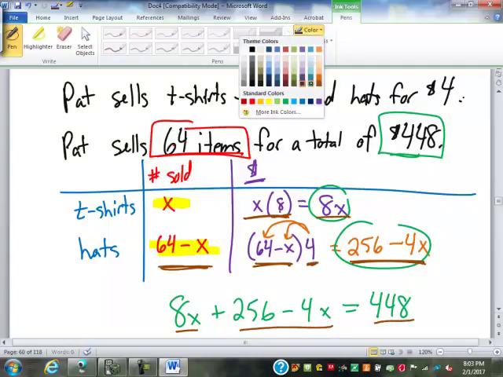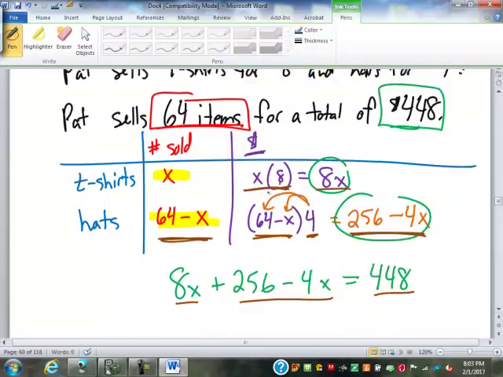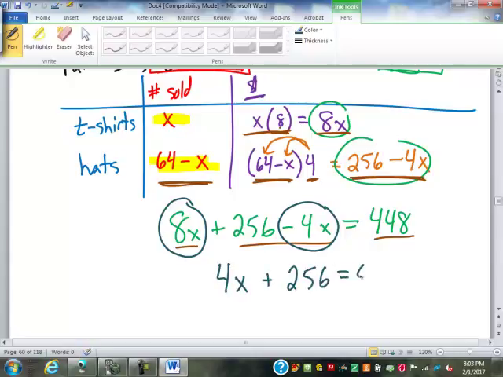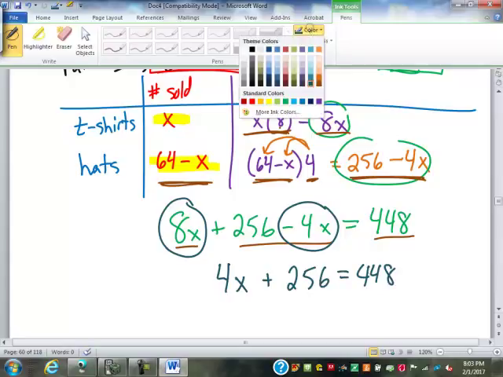So now, what can we combine here? 8x and negative 4x make 4x. Plus 256 is 448.